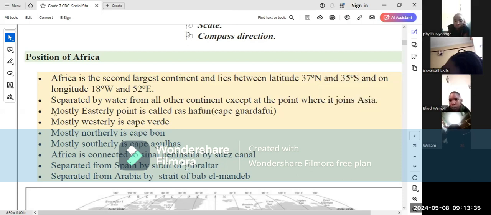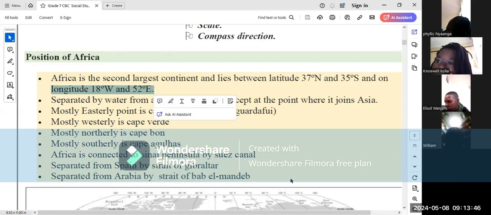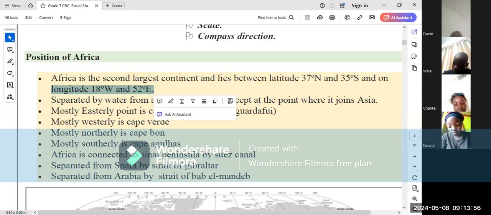Then you come and say, Africa also lies on longitude 18 degrees west and longitude 15 degrees east. You say Africa also.